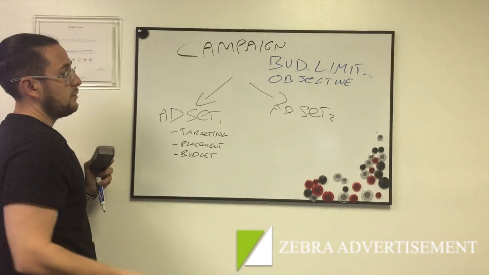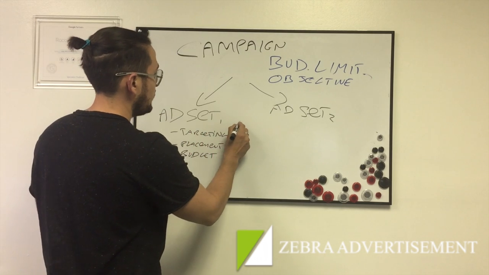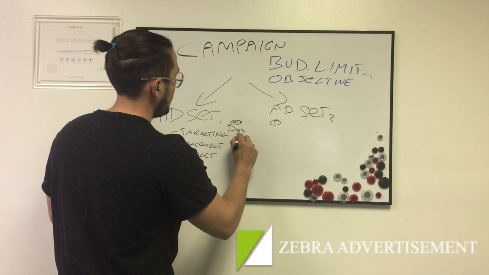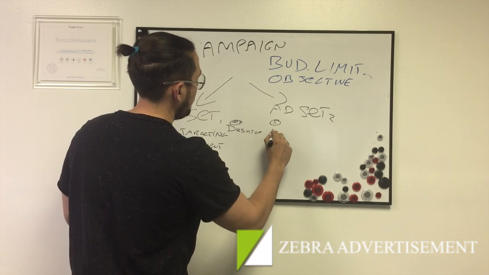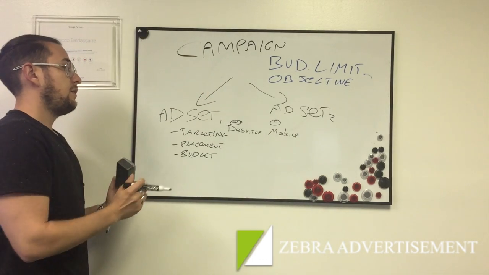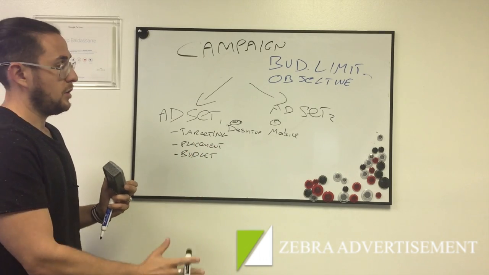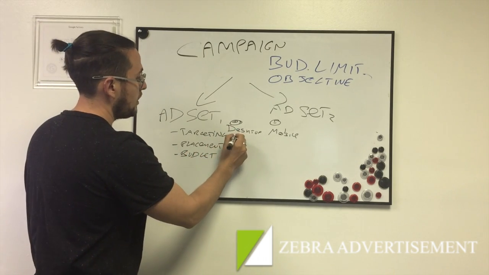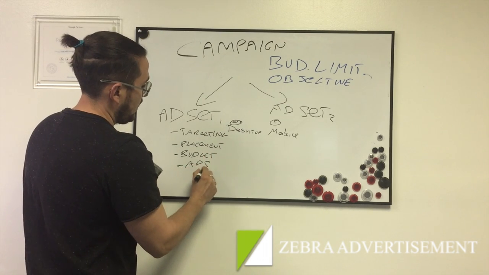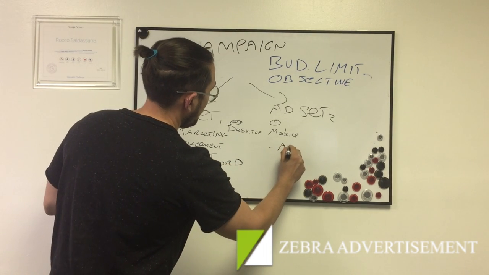So when you set up the different ad sets, for example, you can have an ad set that has the same target as another ad set, but it's customized because it targets desktop versus mobile. So when you have ad set number 1 and ad set number 2, they can be exactly the same, also with the same budget, but one is targeting desktop traffic because you set up ads at the ad set level, so ads for desktop, and here you're going to have ads for mobile.